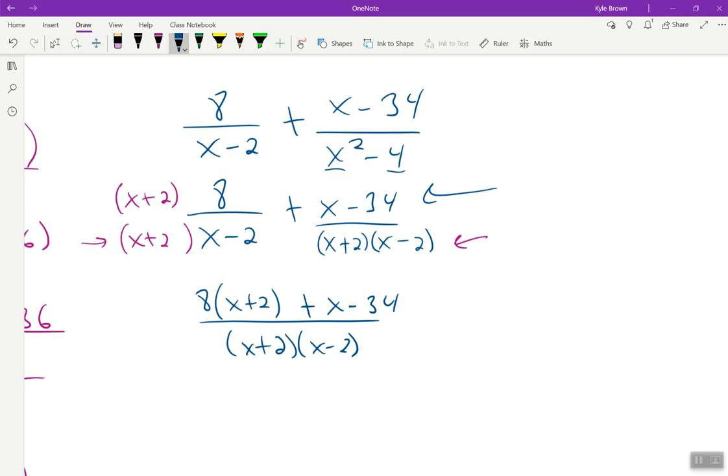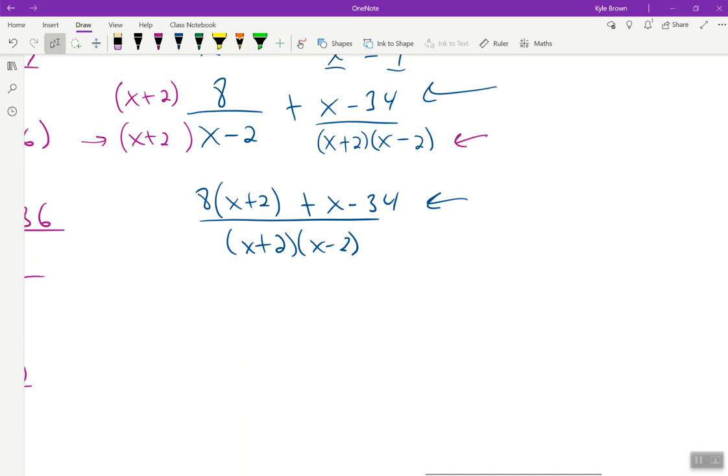Okay, now just simplifying the top is all we can do at this point. So I'm going to distribute the 8 into that one. So I've got 8x plus 16 plus x minus 34.